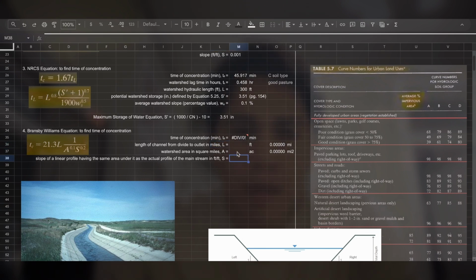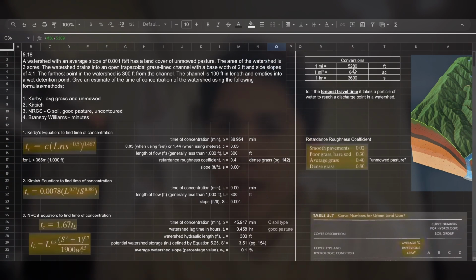And our slope can still be the same in decimals, 0.001. Our length is 300 feet, so I already have it solved here to make it into miles. All you need to do is divide by 5,280, because 1 mile equals 5,280 feet.